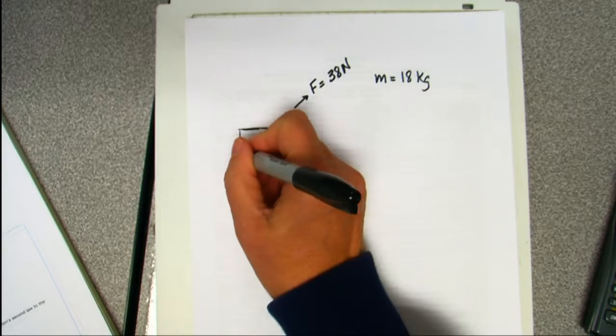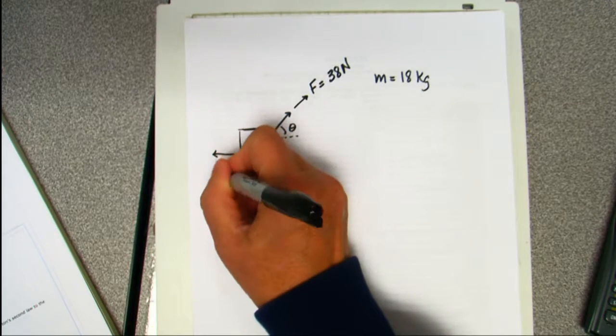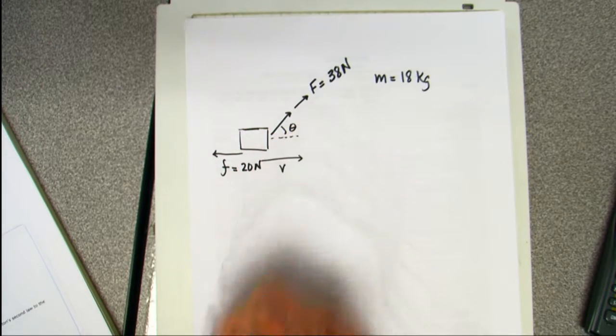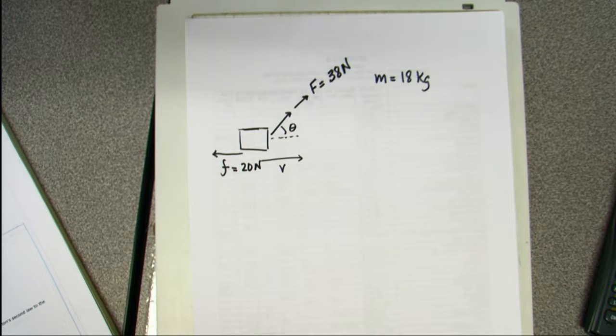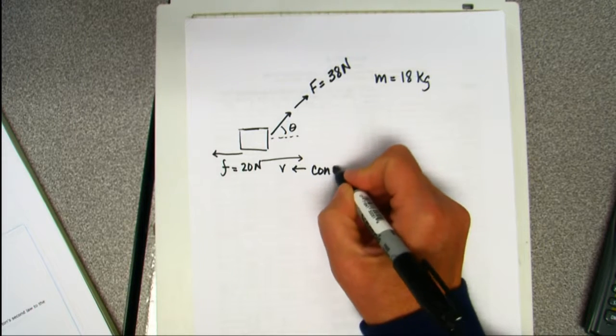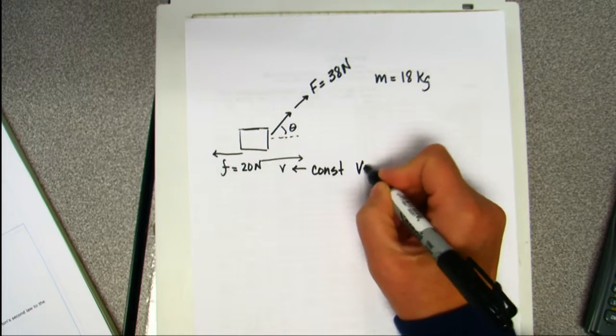And we're given that we have a force due to friction of 20 newtons. And we're told that this is a constant velocity.